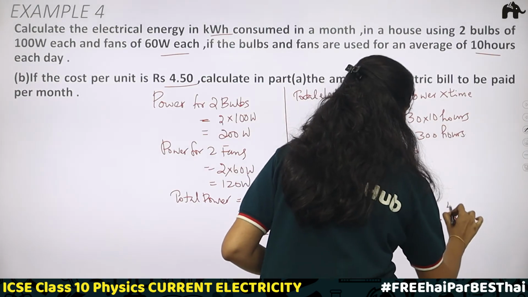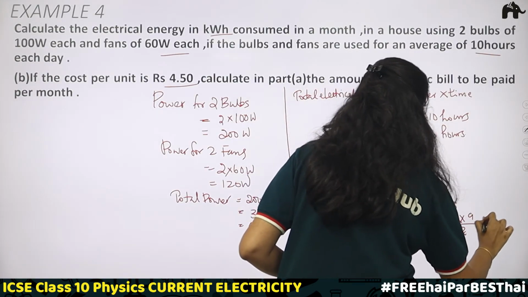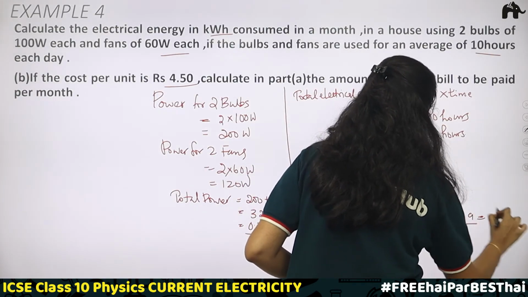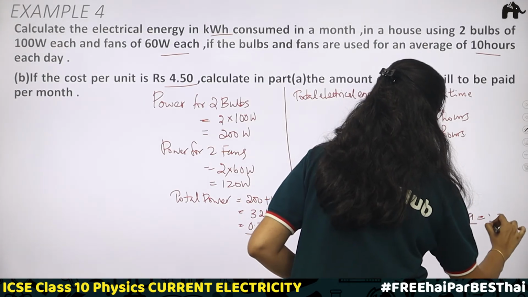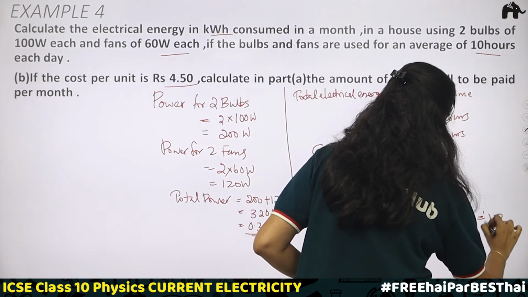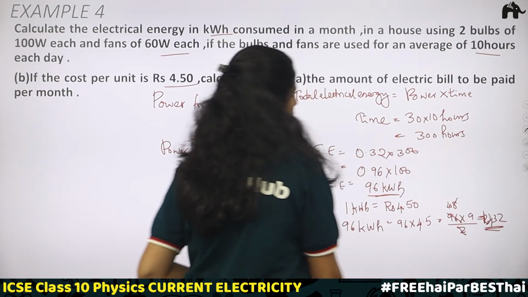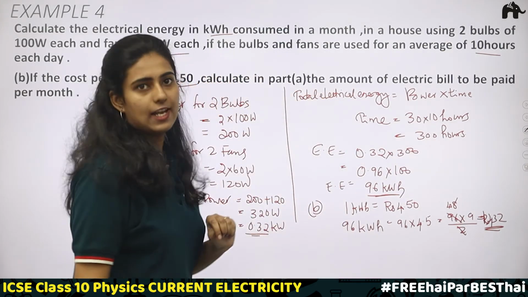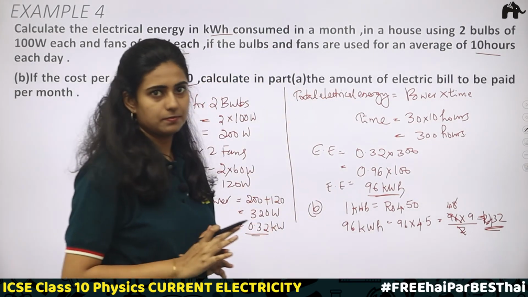Cancelling, this is 48. 48 into 9 you will be getting 432. So rupees 432 is the amount of electric bill that is to be paid.